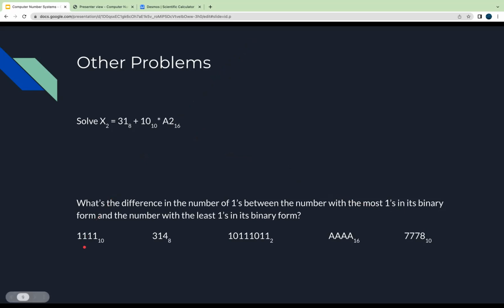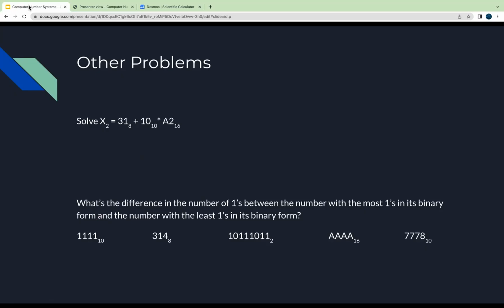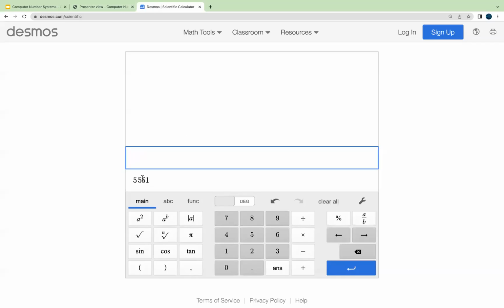Okay, let's start from this into binary. So, alright, let's go back to calculator. Our number is 4 ones, and this is in decimal. Oh, it's not quite right.